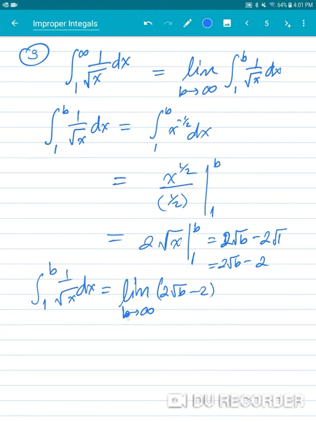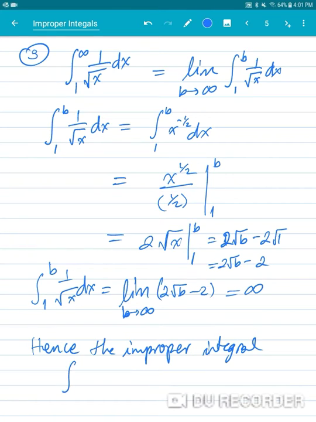As b gets larger and larger, square root of b also, kind of slowly, goes to infinity. So this is infinity minus 2. And hence the improper integral from 1 to infinity of 1 over square root of x dx is divergent.